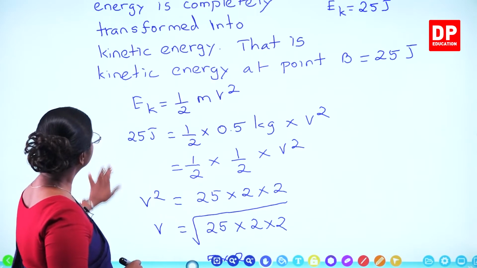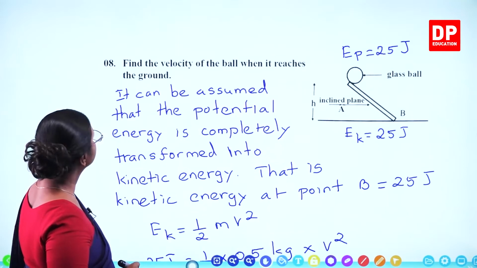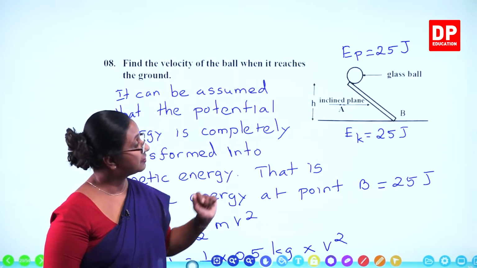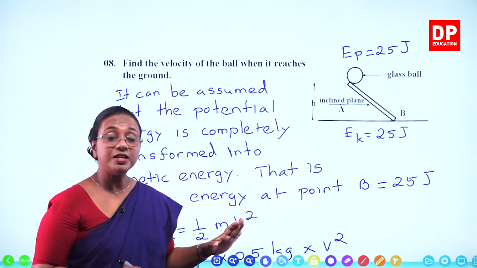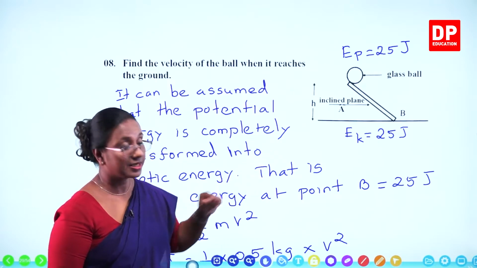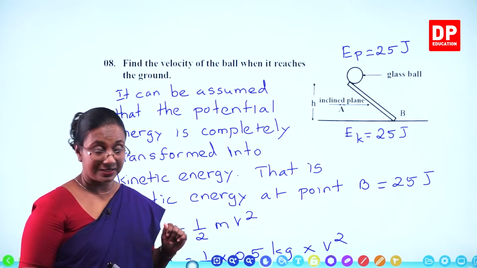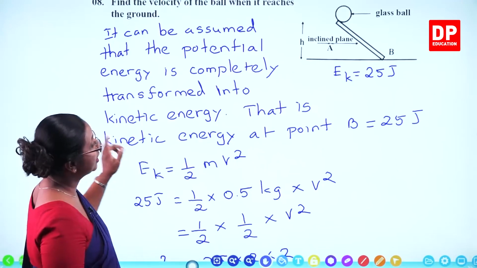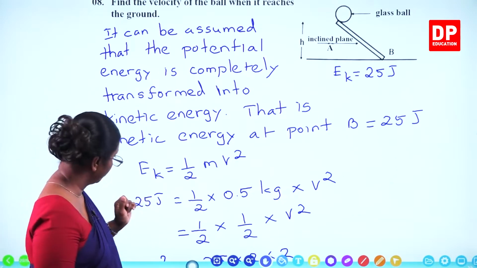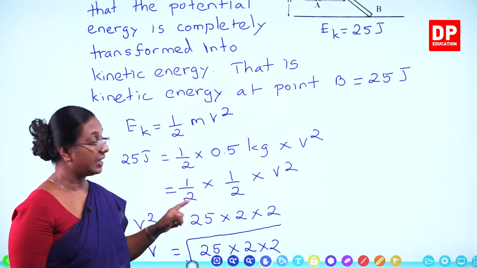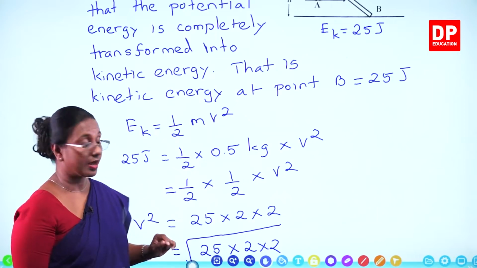So we came to this answer because we assume the ball is smooth, the surface is smooth, so there is no friction, no energy loss. Therefore, all the potential energy is converted to kinetic energy. So when that happens, we have calculated the potential energy to be 25 joules. And that 25 joules is equal to kinetic energy. So that is half mv squared.